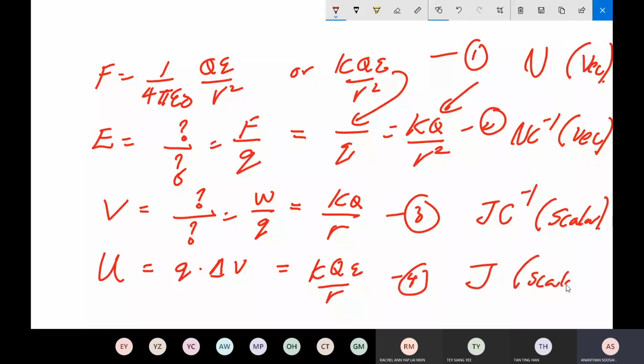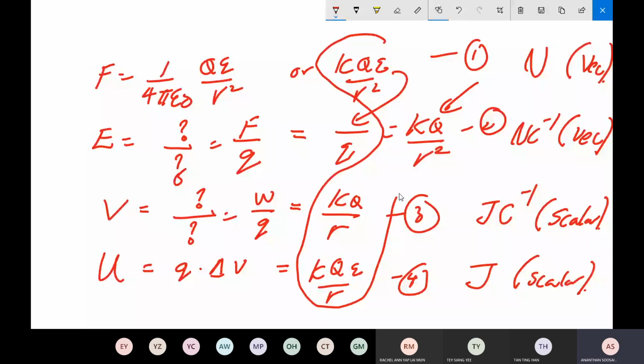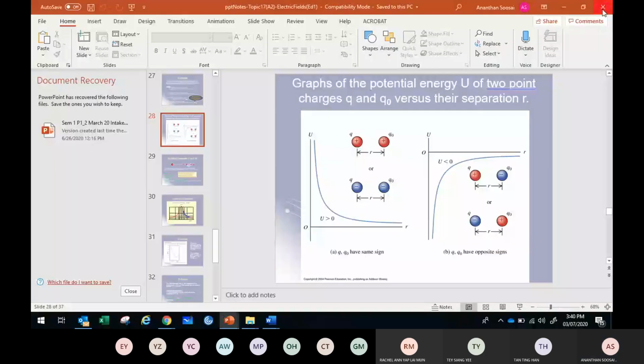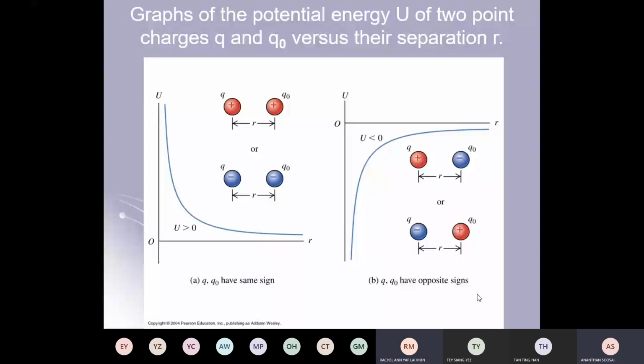So these are the four things you learn: two scalar, two vector. Remember these four equations, they are important, designed only for point charges. Today, what we're going to learn is this one.